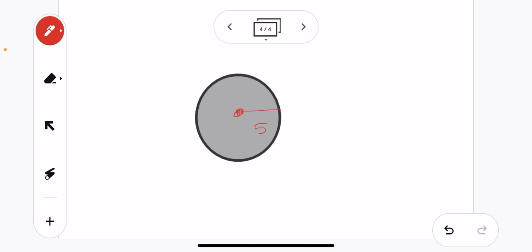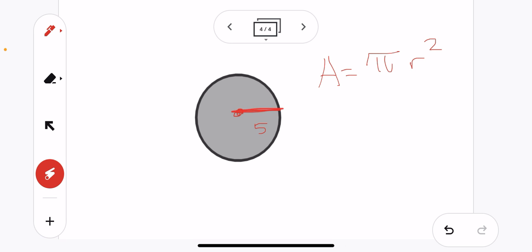So there's actually another formula for this. Again, you're going to have to use pi, and you're going to multiply it by the radius, but you're not just going to do that. You're going to square it. Since we're finding this little section and we're going all the way around, you have to square it.